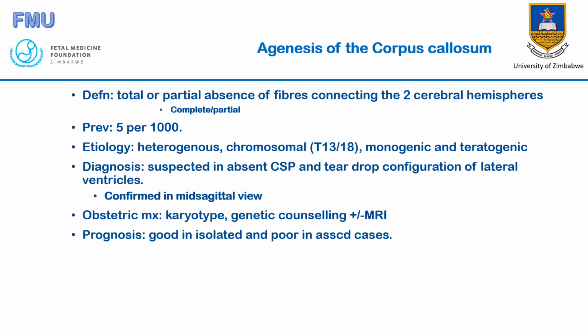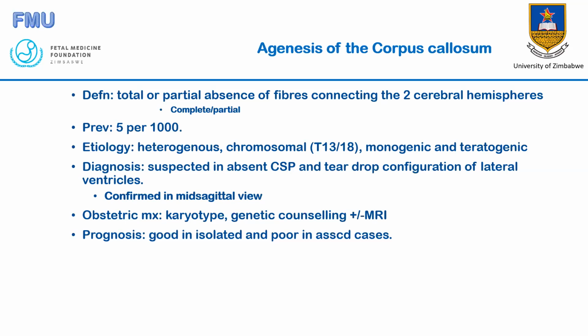How does it come about? It comes from a number of factors. So it is heterogeneous, which means there are a number of factors that may be involved. But whenever we see this, the risk of trisomy 13 and 18 increases. So for babies who are missing the corpus callosum, we have to do a karyotype to check that they do not have trisomy 13 or 18, or at least we have to use the syndromic approach to look for other defects.